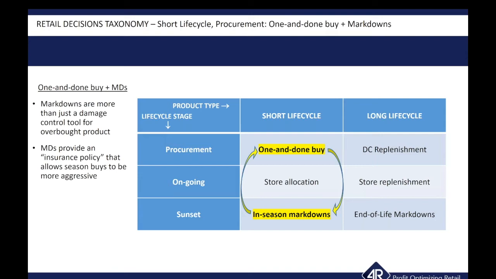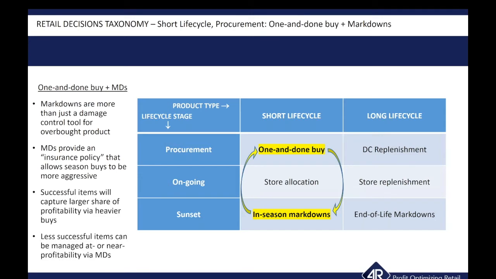So it is true that after the season starts, markdowns are a damage control. But prior to the start of the season, actually prior to even placing the buys, markdowns allow the retailer to buy more aggressively across the board, so that the more successful items will be sold generating good profit, whereas the less successful items can be managed near or at profitability, or even just be slightly below profitability, via markdowns.